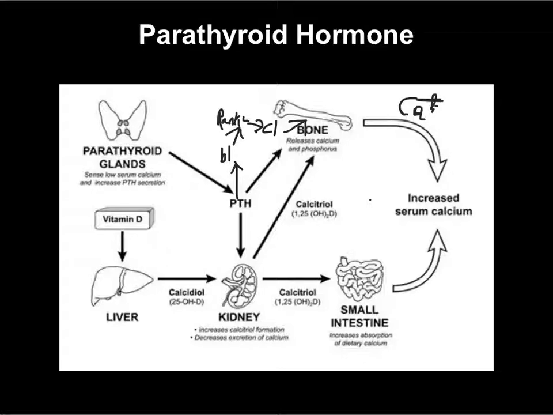Second, parathyroid hormone goes to the kidneys, where it does 2 things in the kidneys. One, it's going to increase the synthesis of calcitriol, which we'll talk about in just a second. And it's going to cause calcium in the blood to be reabsorbed by the kidneys so that it is not excreted in the urine.